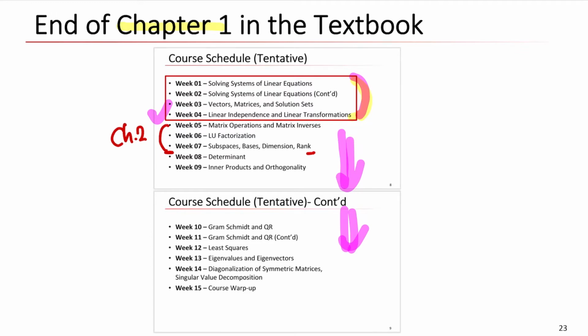By introducing the LU factorization, based on some matrix operations, we can accelerate solving for the solution, because the LU factorization based method is much easier to solve than the original AX equals B. Okay, so this is why we introduced the LU factorization.